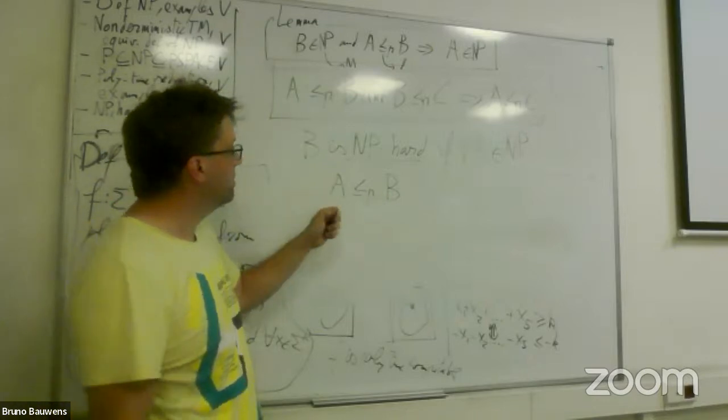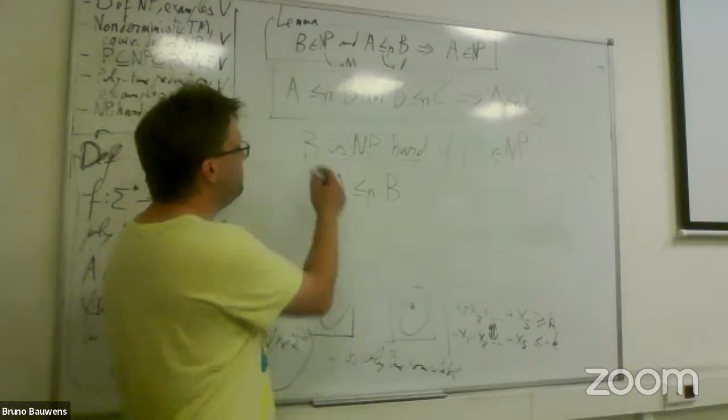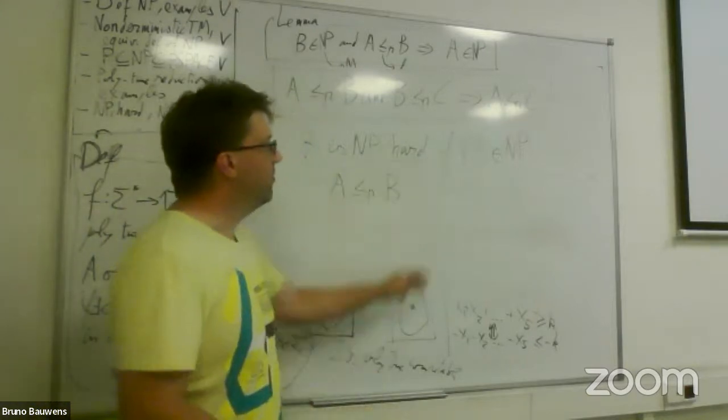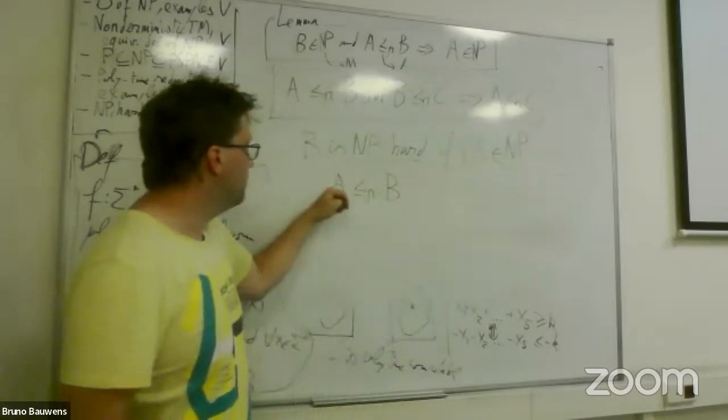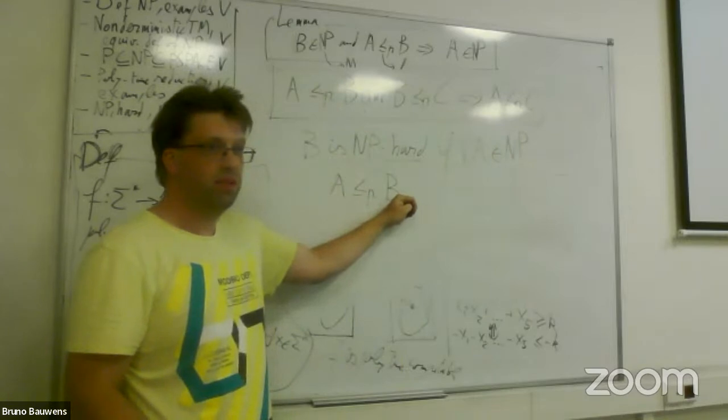Definition: B is NP-hard if for every problem in NP, there is a reduction from this problem to problem B.